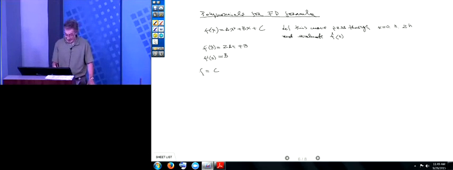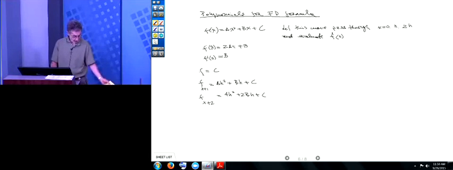So I have f i is equal to c, that is the function value. f i plus 1 is equal to a h squared plus b h plus c. Then f i plus 2 is equal to 4 a h squared plus 2 b h plus c, right?